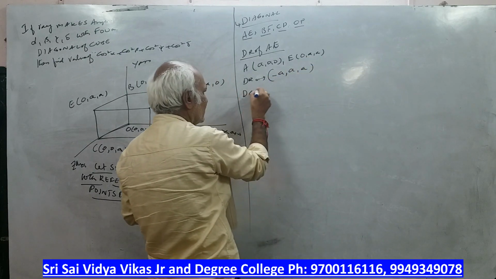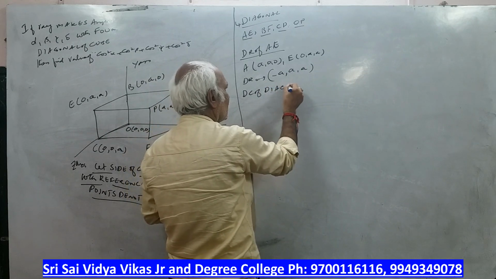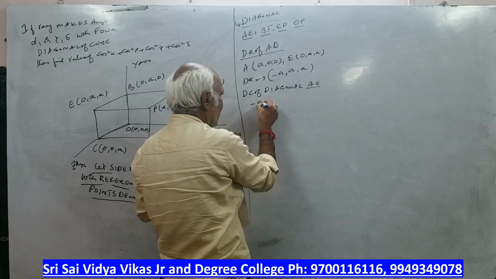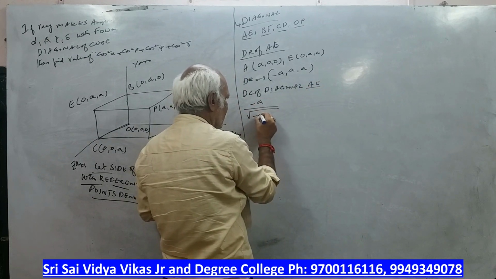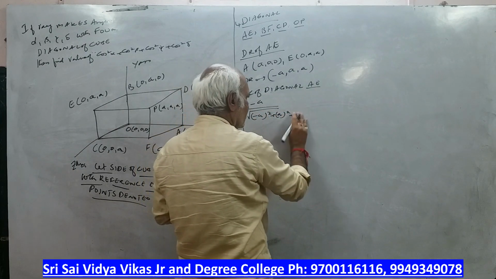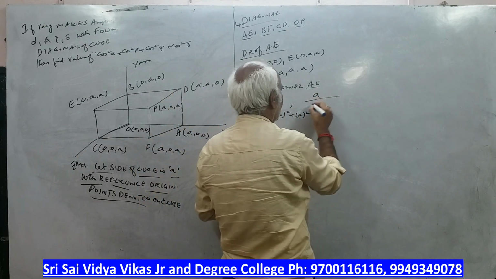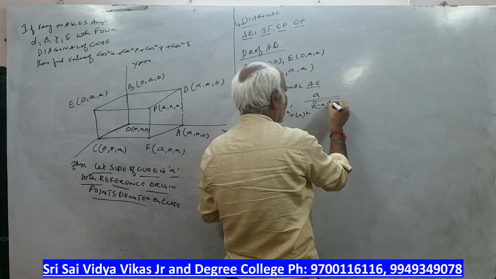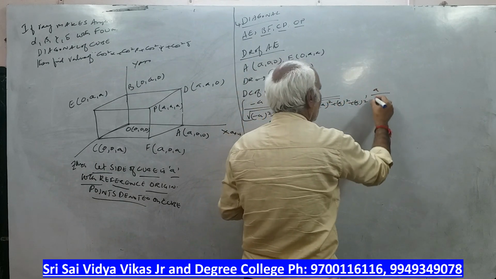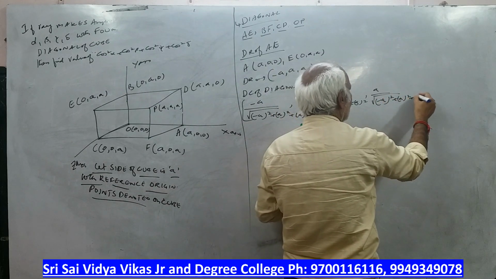Now we have to find the DCs of the diagonal AE. How will we find it? Minus A by root of minus A whole square plus A whole square plus A whole square, then comma A by root of minus A whole square plus A whole square plus A whole square, and A by root of minus A whole square plus A whole square plus A whole square.